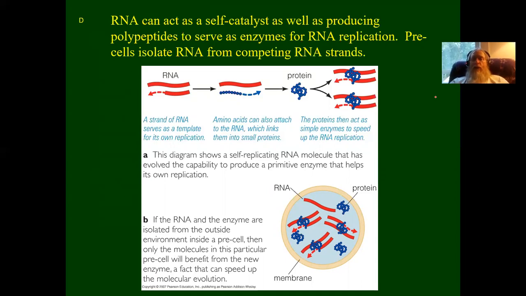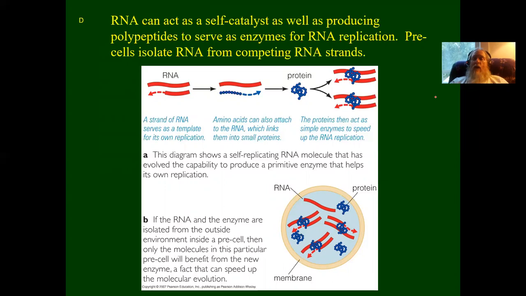So probably what happened, in addition to catalyzing its own reproduction, some of this early RNA was able to put together some probably very small proteins compared to modern ones, but you hit on one that will catalyze RNA replication, and you get the RNA reproducing even faster.